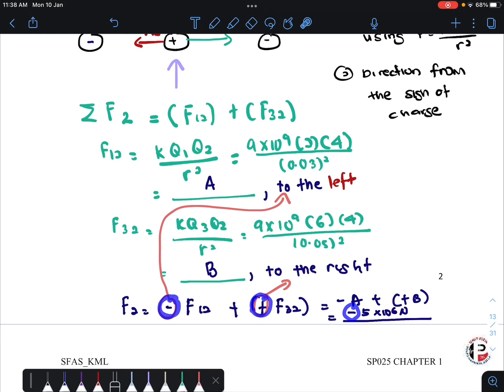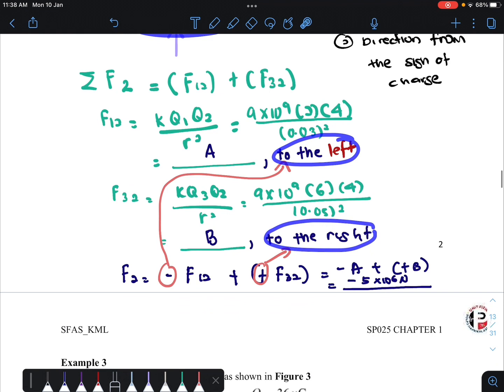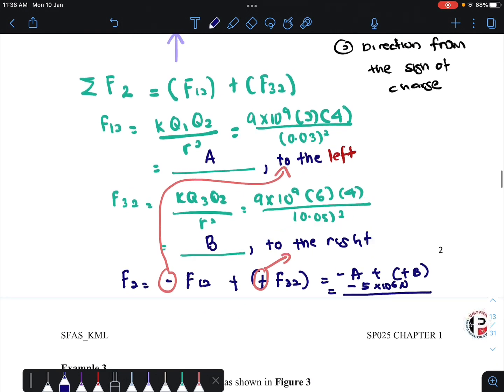When you consider the positive and negative sign here, you consider them due to the direction you obtained based on what you deduced above. So if our final answer is negative, 5 times 10 to the power of 6 is the magnitude of the force, to the left. It means it will move to the left. That is the direction of the force. The total force now is to the left. If we press the calculator and get a positive, then the answer will be, let's say, 5 exponent 6, that is the magnitude, and the direction becomes to the right.